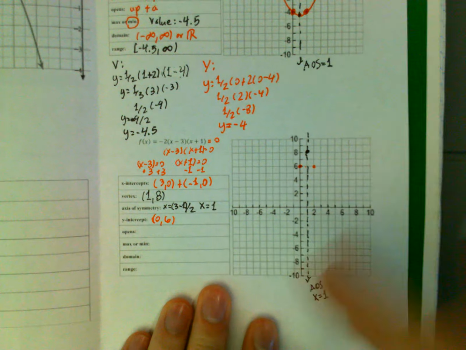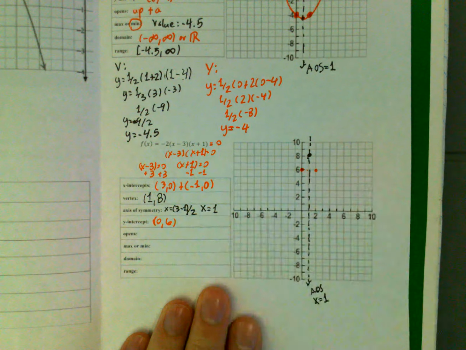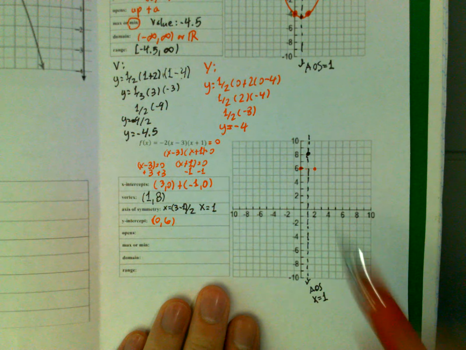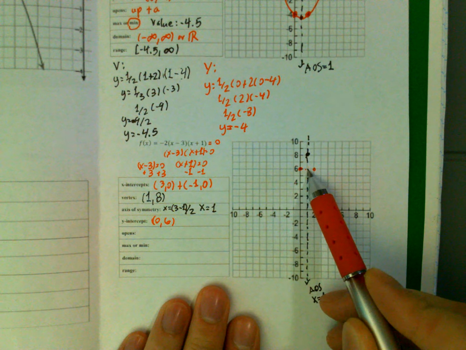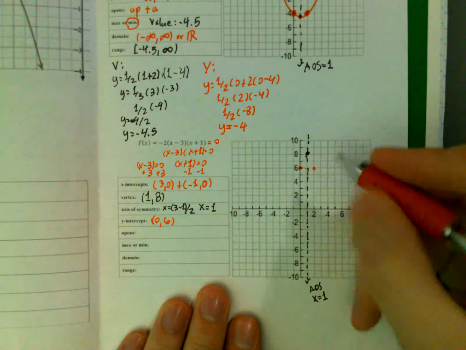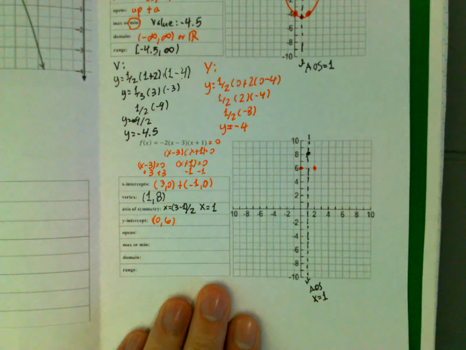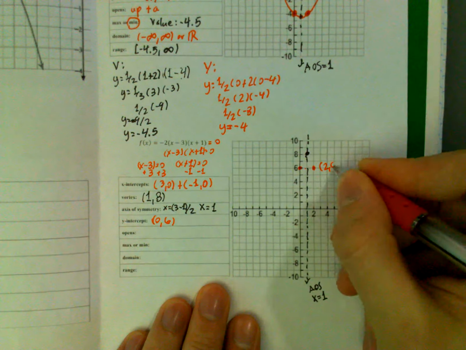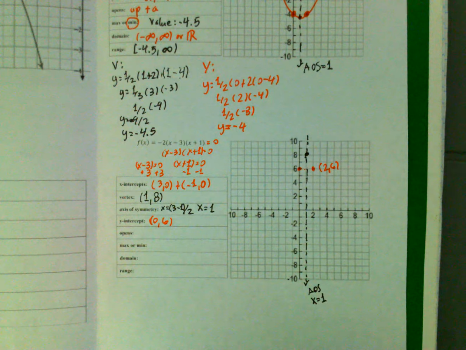Mirror it because it's reflecting over the axis of symmetry. That's what symmetry is. So count to the other side. It's 1 difference from here, so count 1 to the right, dot it. This right here is positive 2, positive 6. Might as well get it while we're there. Make our lives easy: as we graph things on the left, throw it on the right.